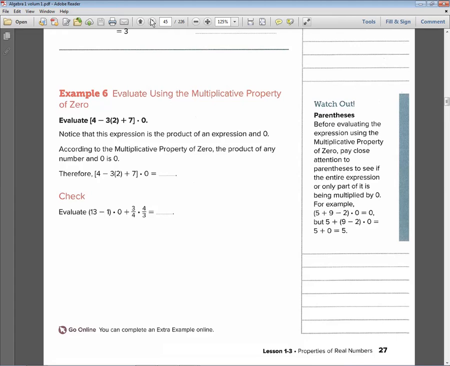First step is dealing with power. I don't see any power here.